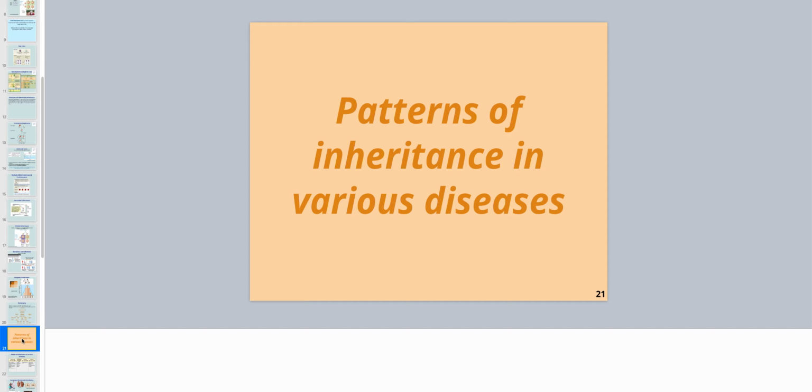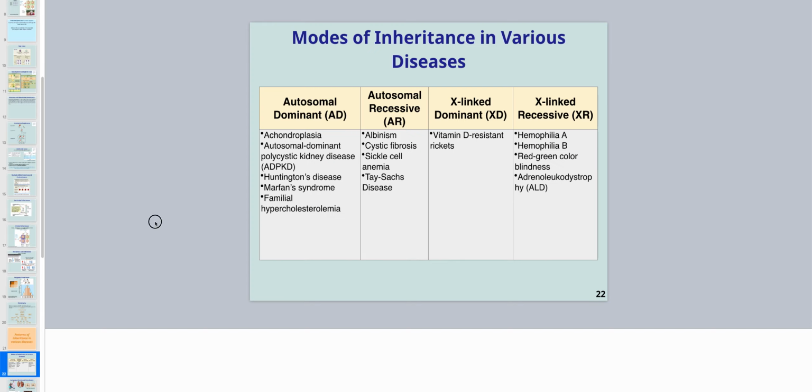For patterns of inheritance in various diseases, there's a list of conditions that are inherited in autosomal dominant, autosomal recessive, X-linked dominant, and X-linked recessive patterns. This is a table that I had in another class where students memorize these, but for this class, you are not responsible for actually knowing any of these conditions.